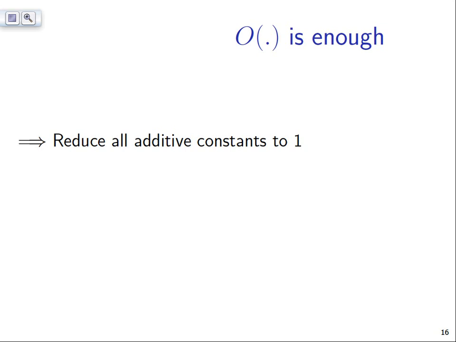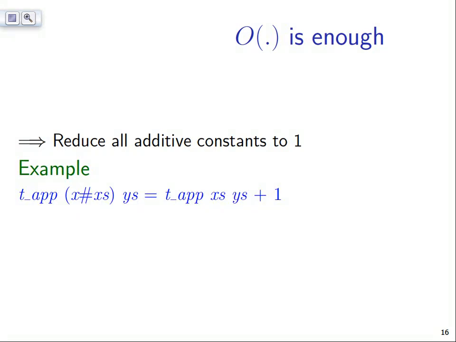Namely, if you have an additive constant, like plus 3 somewhere, then it's also okay to just write +1. So here is a simple example: if we go back to the original definition of the timing function for the append equation, where the first is a cons, then we have, I think, +2 on the right-hand side, but it's perfectly okay to write +1.